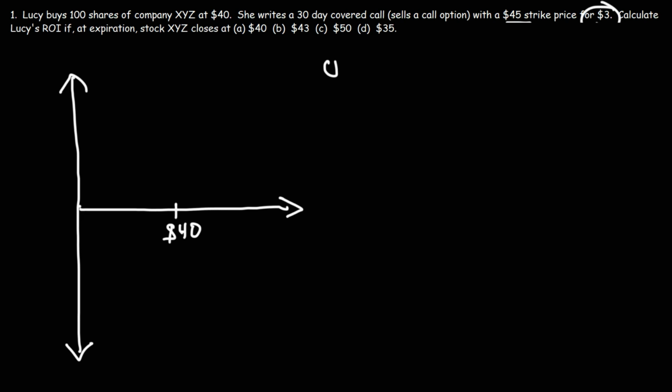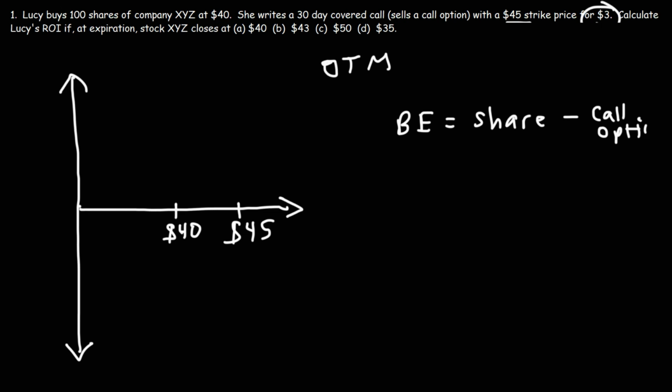By the way, this is an OTM covered call. It's an out of the money covered call because the strike price is greater than the price of the stock. So the strike price is 45 in this example, and the break-even point, to calculate that, that's going to be the share price minus the value of the call option. So the break-even point is $40 minus the $3 call option, so that's $37.